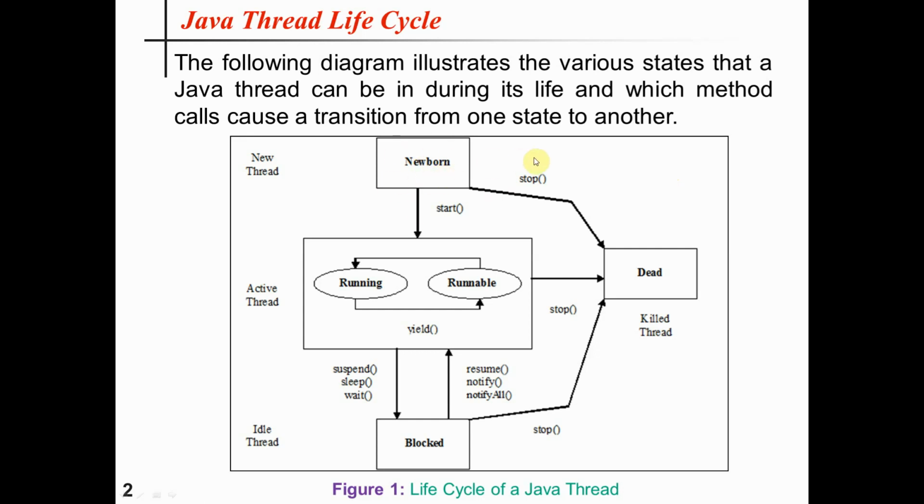At this state, the thread is not yet scheduled for running, and we can do only one of the following things with it: schedule it for running using the start method, or kill it using the stop method.